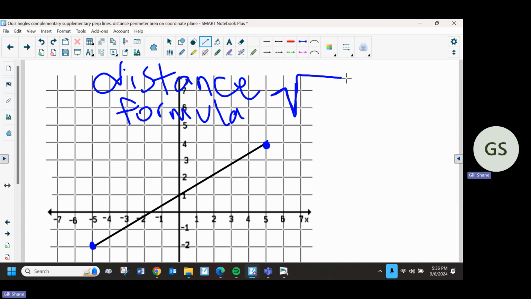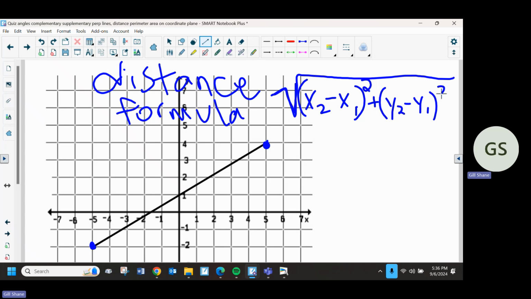I don't know why it's not making it darker, but the formula says you take x2, subtract x1, you square that, add that to y2, subtract y1, and then you square that.